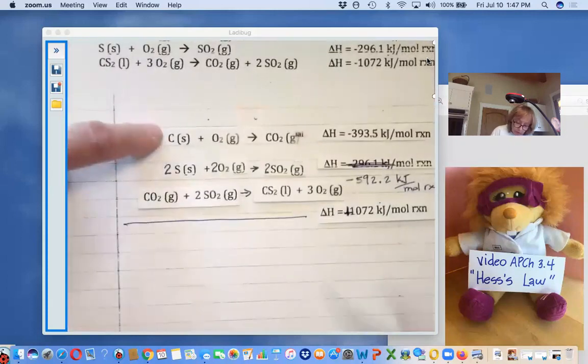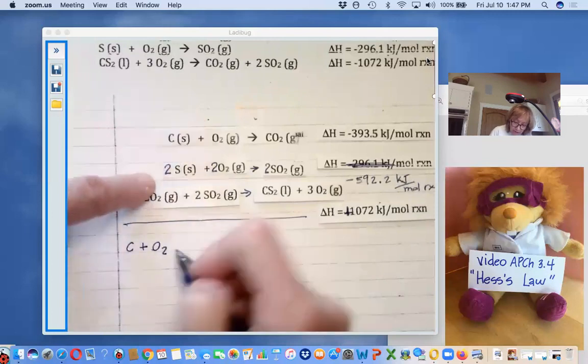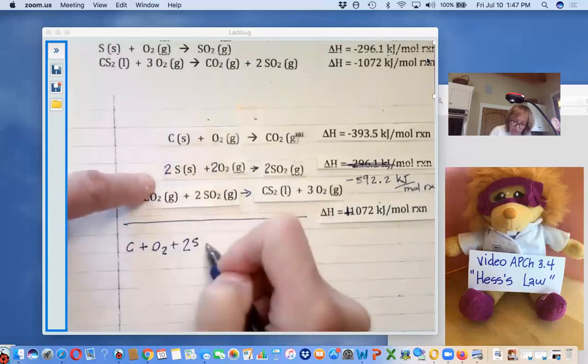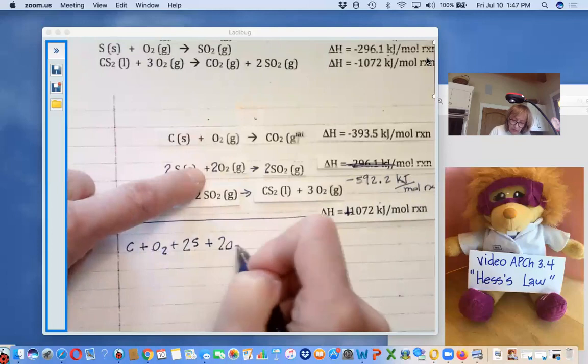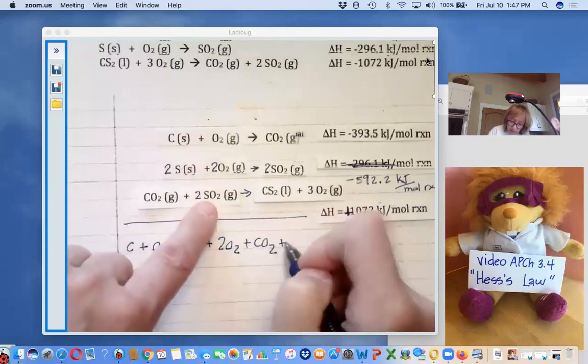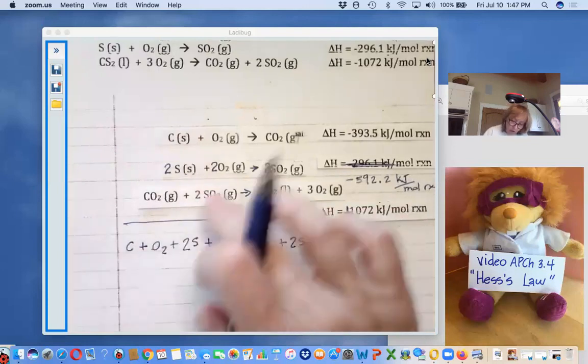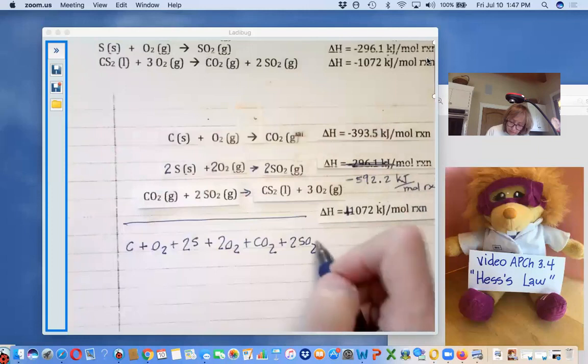So I have carbon, I have oxygen, I have 2 sulfur, I have 2 oxygen, I have CO2, and I have 2 sulfur dioxide. Okay, that's all my reactants.